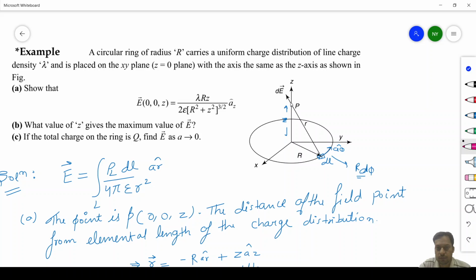So we have only z terms, so E is equal to lambda on 4 pi epsilon, 0 to 2 pi, r d phi. Here we have taken AR, so I will write it AR.